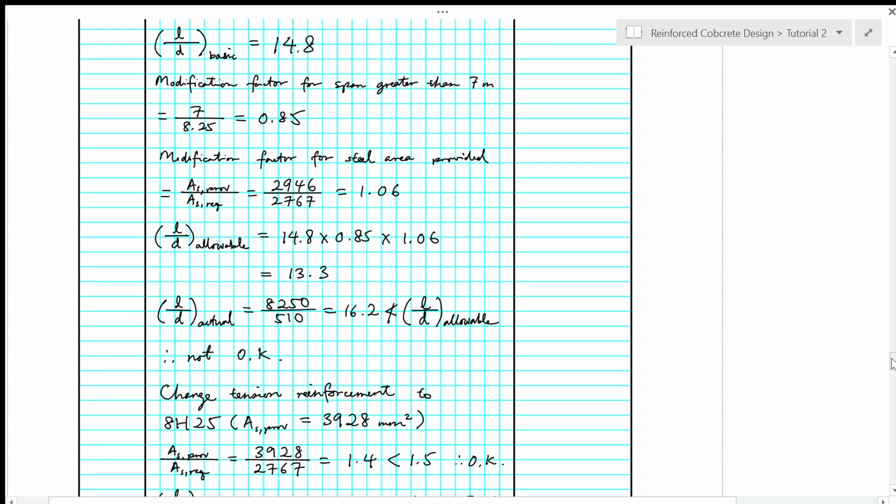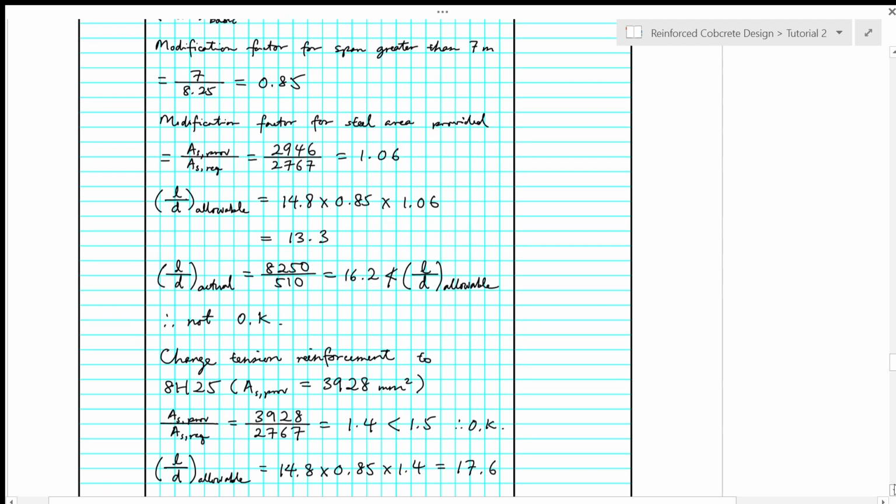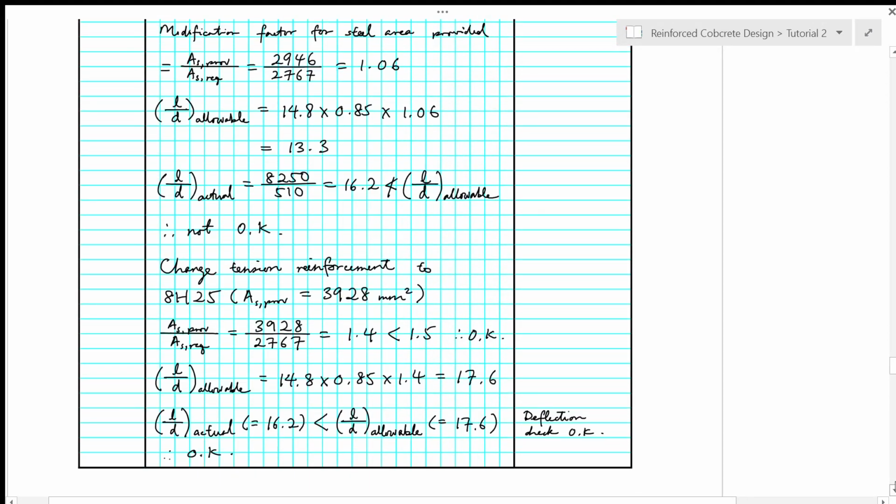So with this provided steel of 8H25, the modification factor for steel area provided becomes 1.4 and is less than 1.5, so it's okay. So with this new modification factor for tension reinforcement provided over tension reinforcement required, we have L over d allowable of 17.6. So 17.6 is greater than 16.2, which is the actual L over d ratio.